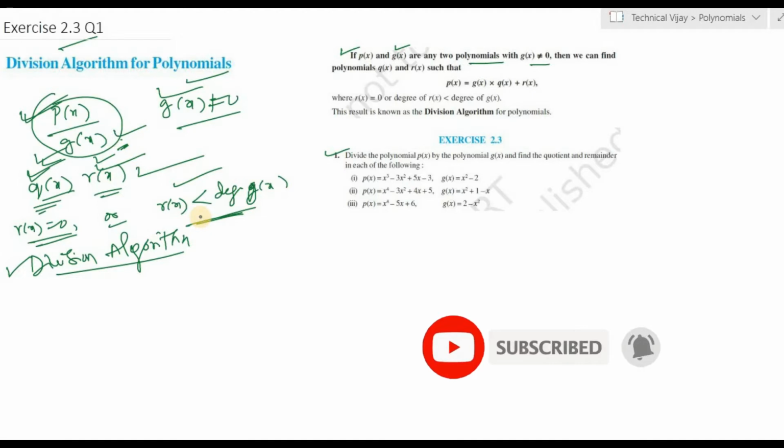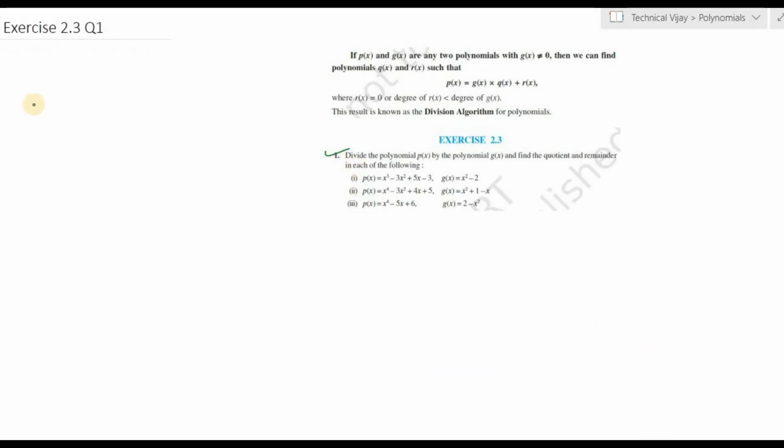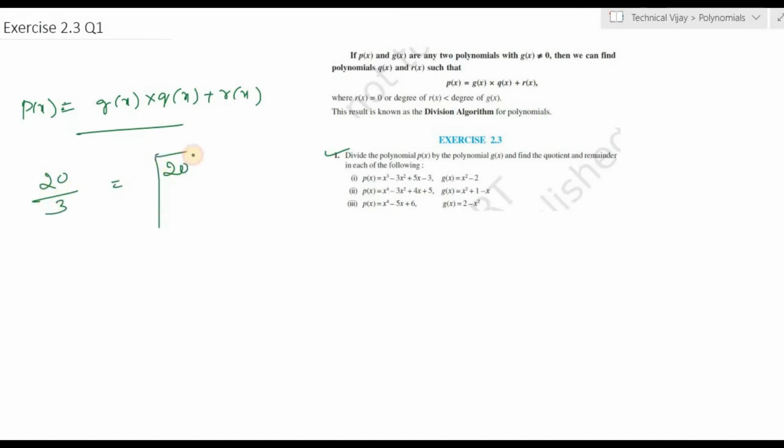Now we will solve one of the exercises so that we can understand better. Such is the case, then p of x can be written as g of x into q of x plus r of x. This can be best understood by, see here, suppose 20 divided by 3. If 20 is divided by 3, then 3 sixes are 18, and the remainder will be 2.